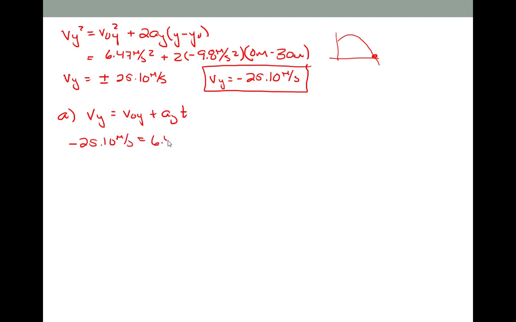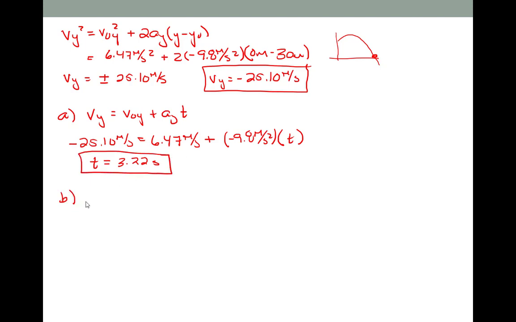V naught y was a positive 6.47 meters per second, plus a negative 9.8 meters per second squared times t, which is what we want to know. Solving for t yields 3.22 seconds.